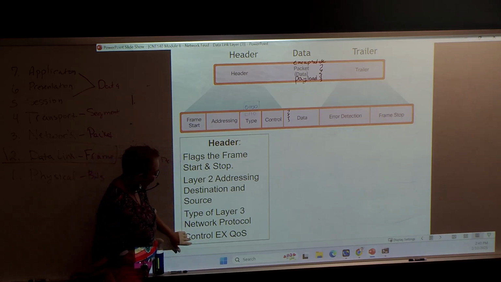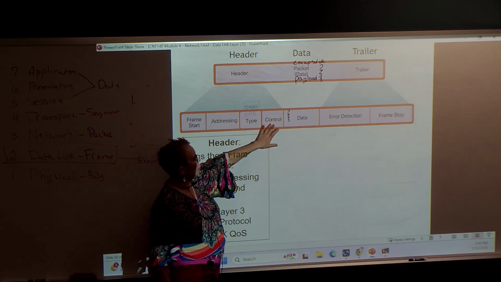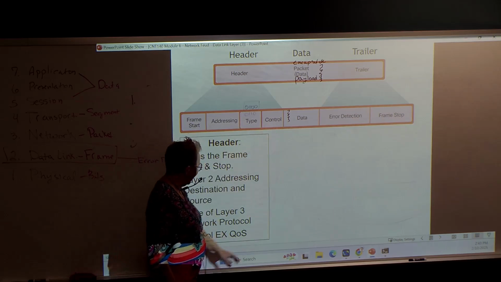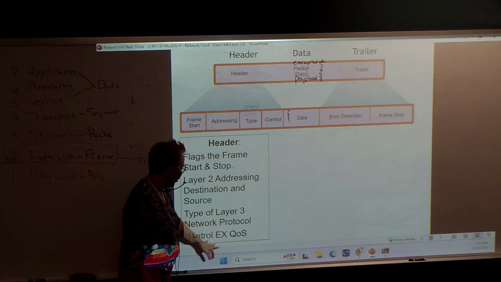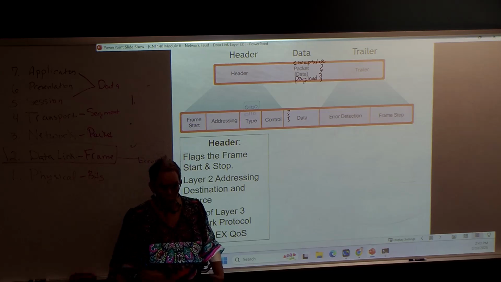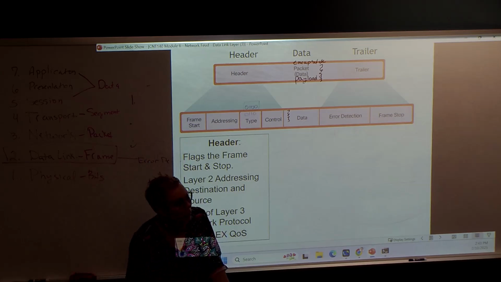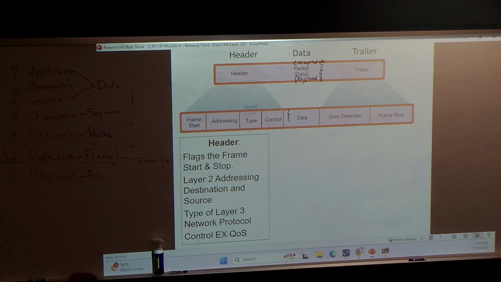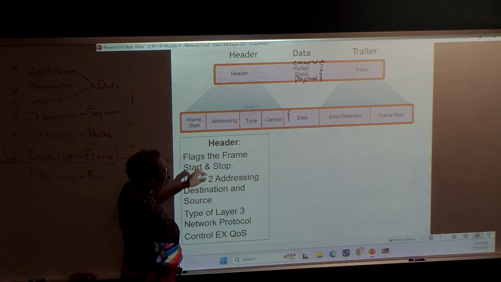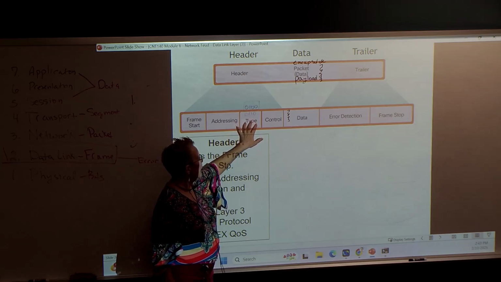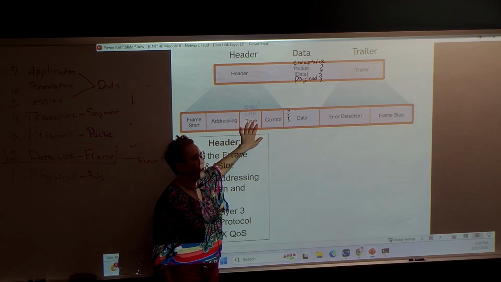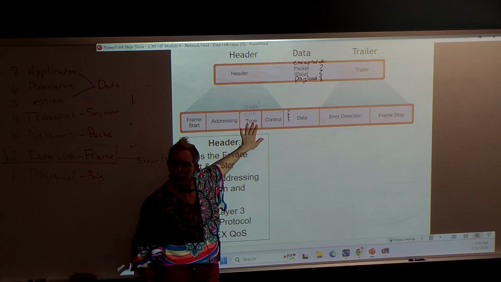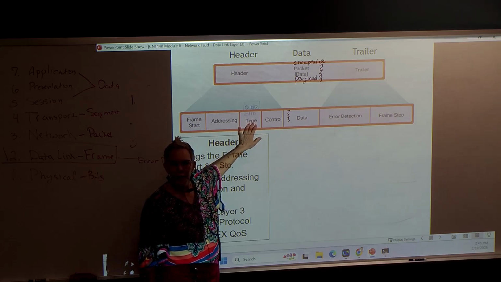Okay, and then lastly is the control. Now it lists QoS here, but this is also about how we control putting the frame down on the media. And what sublayer does that? The MAC. So the type, what sublayer would the type be associated with if it's designating IPv4 or IPv6?